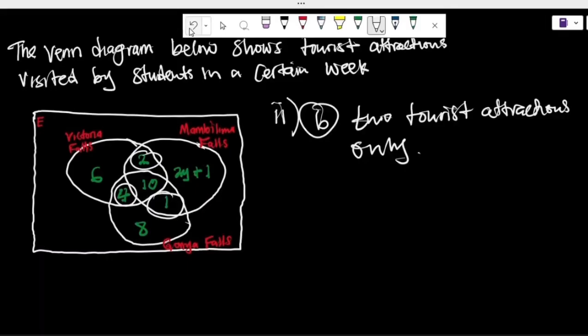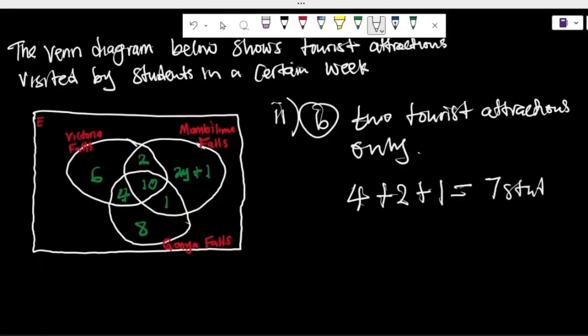So this means that the only students who visited 2 tourist attractions only are 4 plus 2 plus 1, which is equal to 7 students. And so this is our answer.